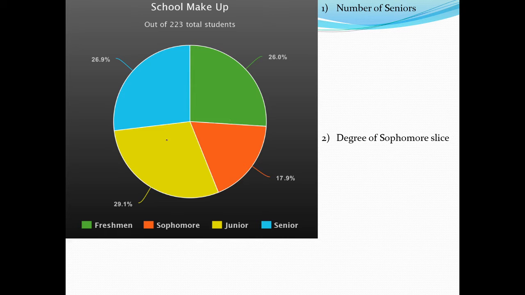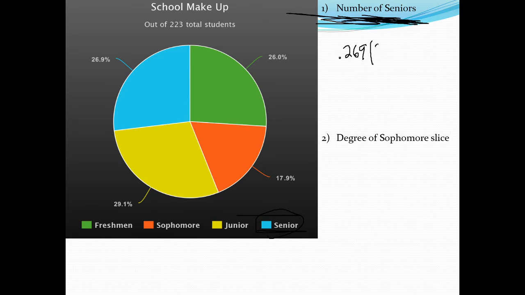So let's say you have this pie chart here, and it asks you for the number of seniors. So not the percent, but the number of seniors that make up this school. We see here that seniors are the blue section. So that is the 26.9. So if 26.9% of this pie chart is seniors, that means I'm going to take 0.269 times, it says here that we have 223 total students.